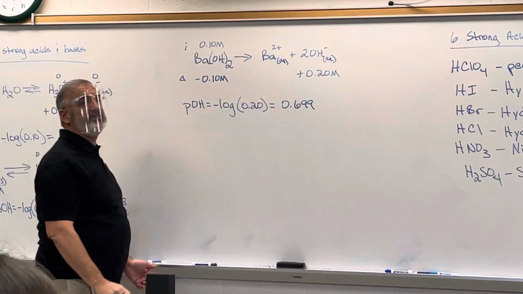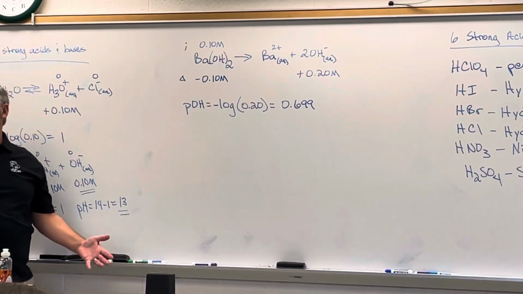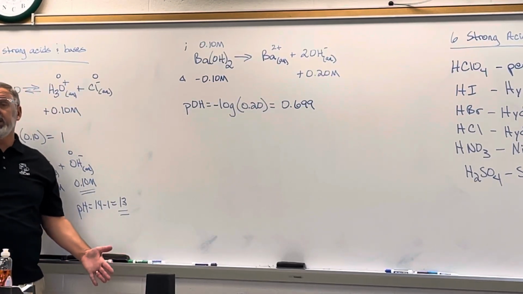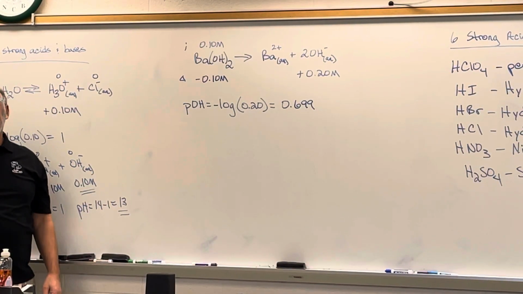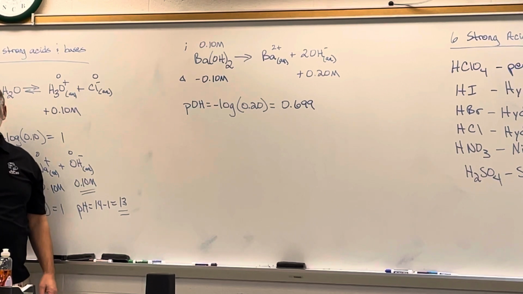So notice it's not double the pH, because it's a logarithmic scale, so it's not linear. But because we're getting 2 for 1, it's going to be a much higher OH- concentration.